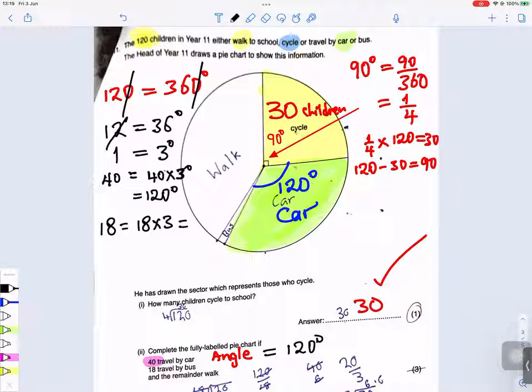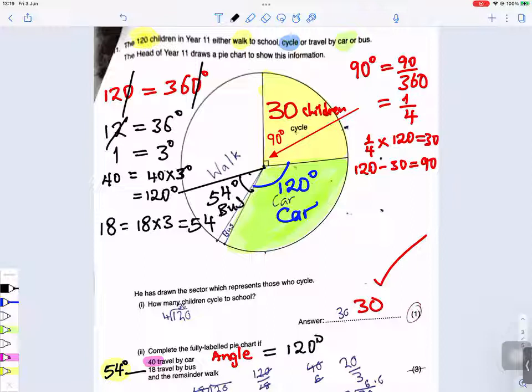So it's 54 degrees. We need to measure 54 degrees with the protractor and do it. Let's say we have measured it. That's 54 degrees, and that's by bus.